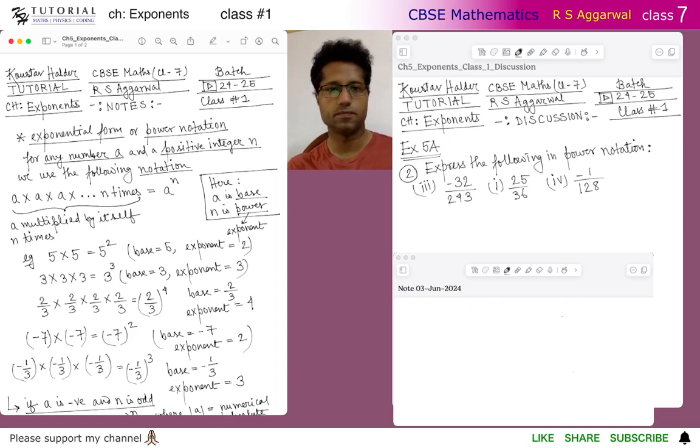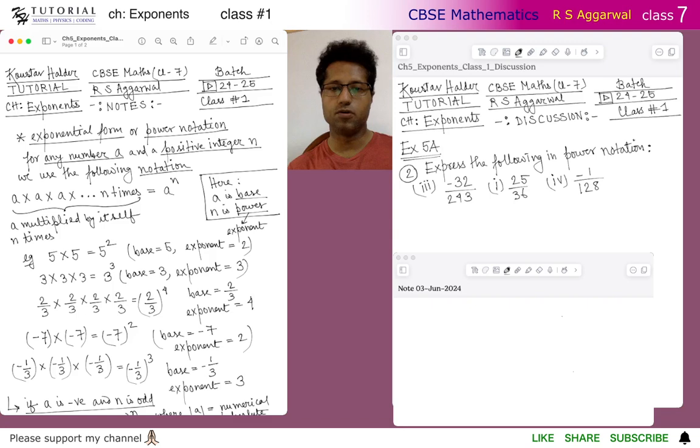Okay, so let's start. What is an exponential form or power notation? The exponential form or power notation for any number a, where any number a means it could be whole numbers, natural numbers, fractions, or decimals.